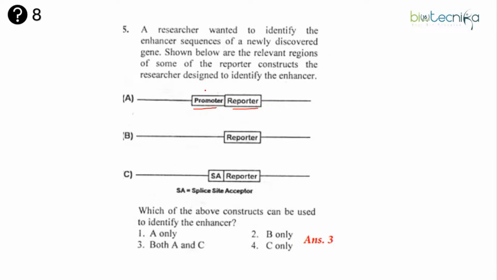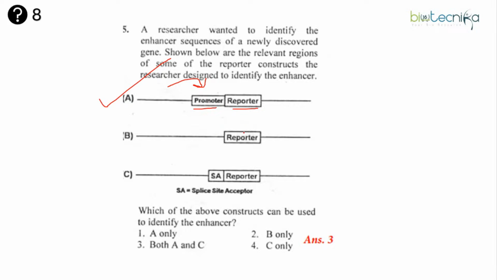Okay, so if promoter is present upstream of the reporter gene, then obviously enhancer will be activating the polymerase sitting on the promoter, and this reporter gene will be transcribed. Okay, so A is correct.